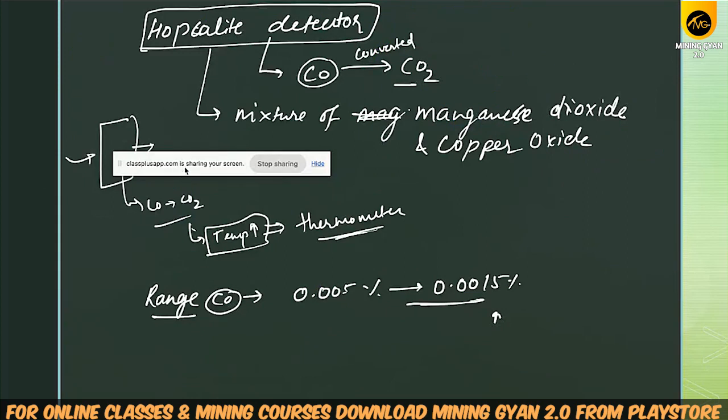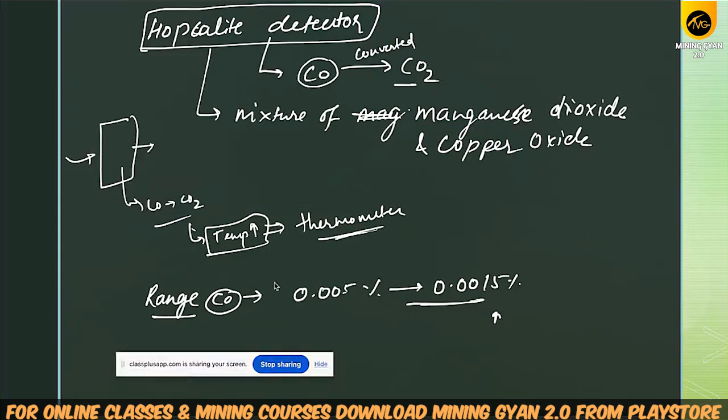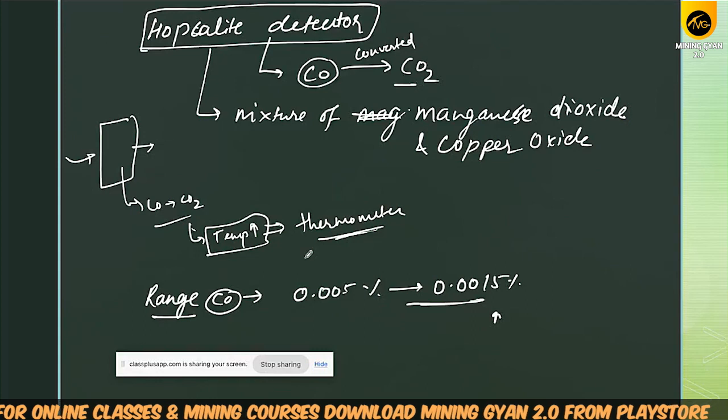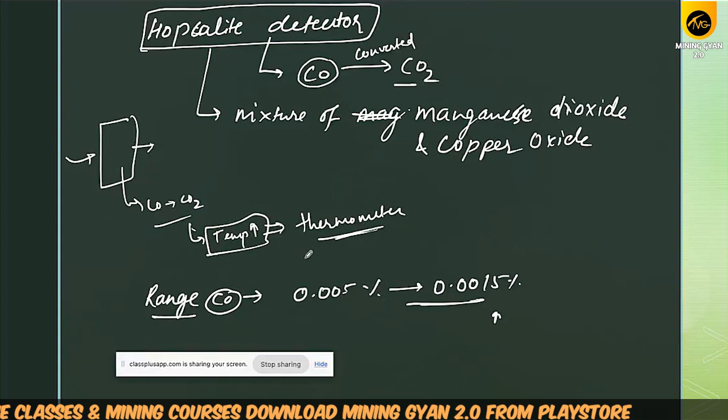Another instrument or detector for carbon monoxide CO is the Hopcalite detector. What does it do? It converts carbon monoxide into carbon dioxide. In the Hopcalite detector we use manganese dioxide and copper oxide.